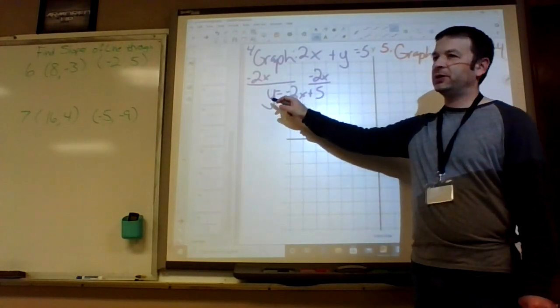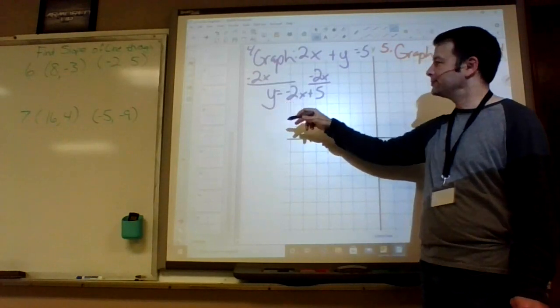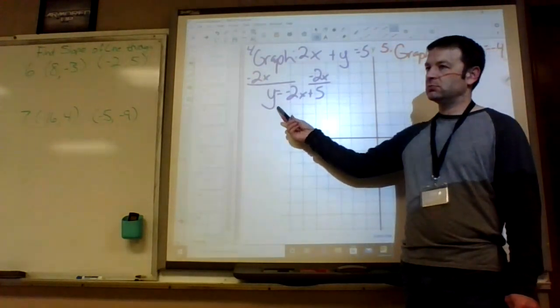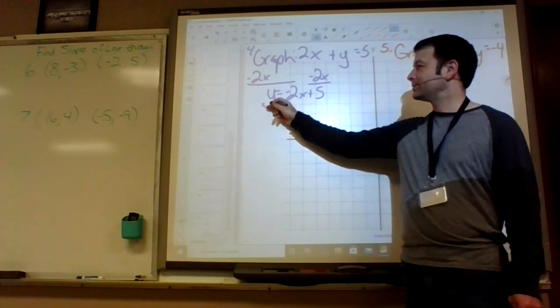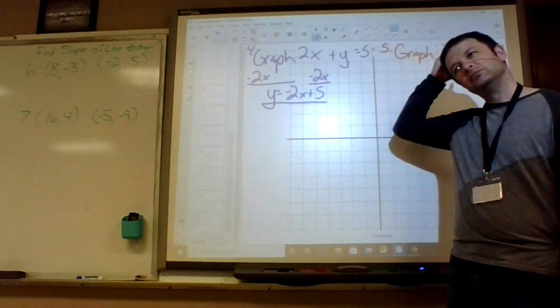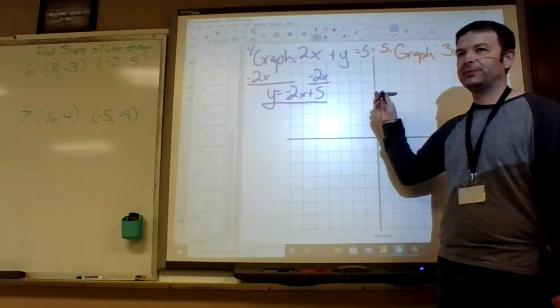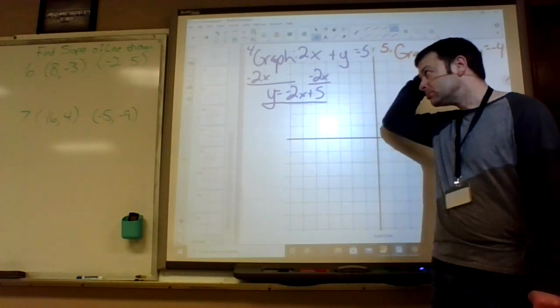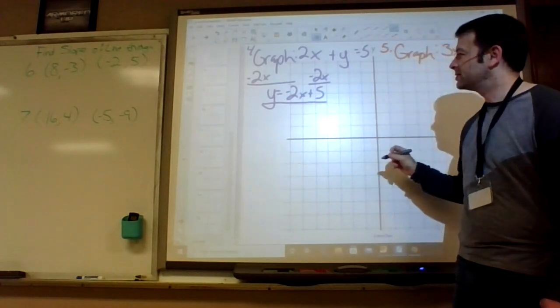So, where do I start on the graph, Braylee? Remember how we graph these? Katie, you remember how we graph these? Start at the y-intercept, which is 5.